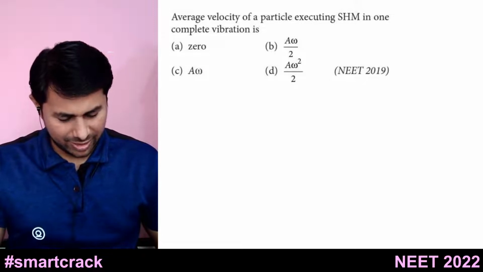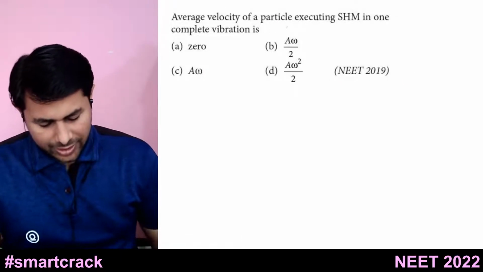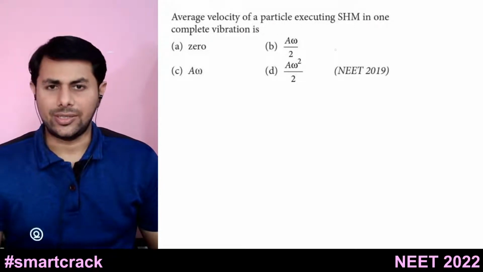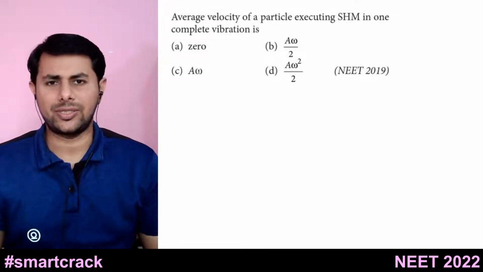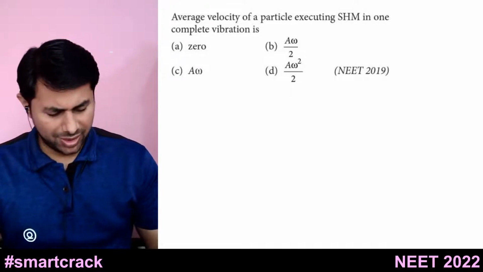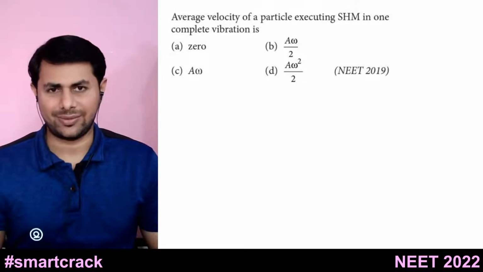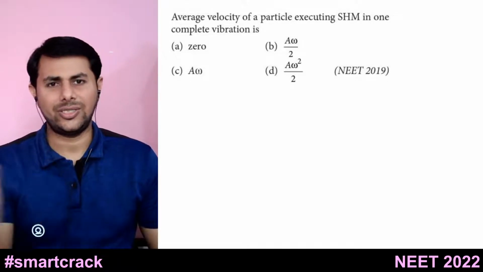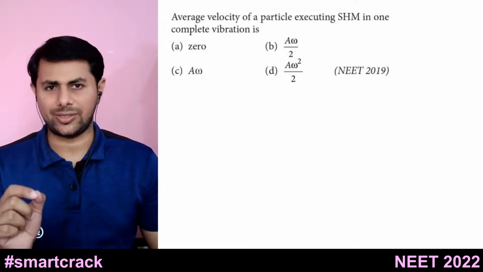And the next problem is from NEET 2019. Average velocity of a particle executing SHM in one complete vibration is, this is the question. So how much is the average velocity? This is actually the most simple question asked in NEET on SHM. So see, if you consider one oscillation, the particle starts from some position, it ends at the same position, right?